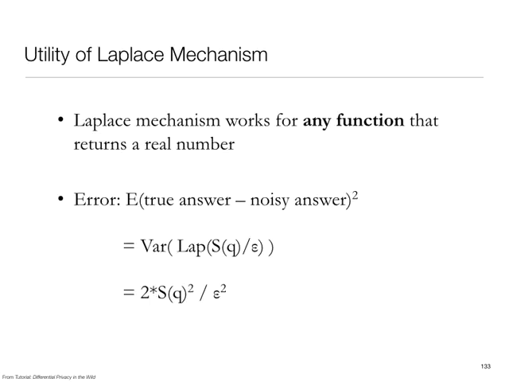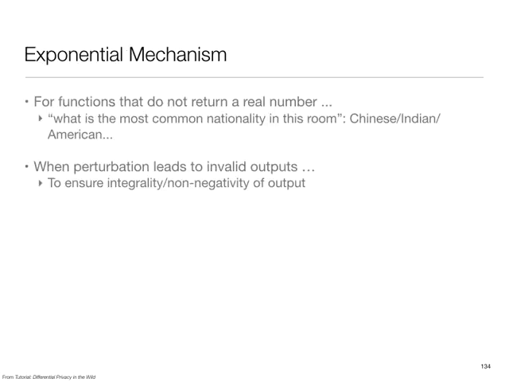Okay, so this Laplace noise is designed for any query where the output is a real number or an integer. So I can talk about errors in terms of true answer minus noisy answer. But oftentimes we want to do things which are not real numbers. Oftentimes what we want to do is answer queries like what was the most common category of some sort.